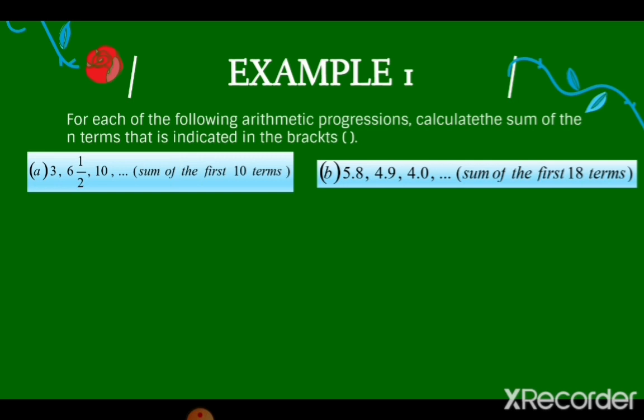For each of the following arithmetic progressions, calculate the sum of the n terms that is indicated in the brackets. Here, part A. The first series is 3, 6 and a half, 10. We need to find the sum of the first 10 terms.